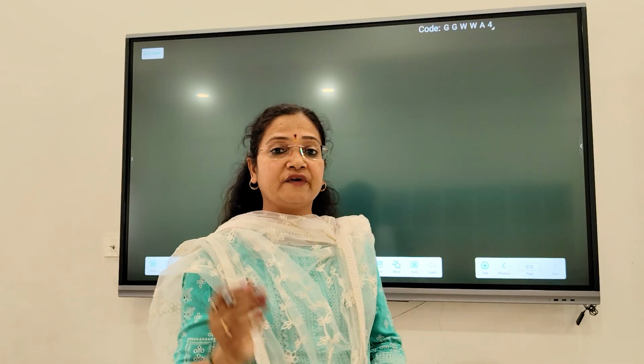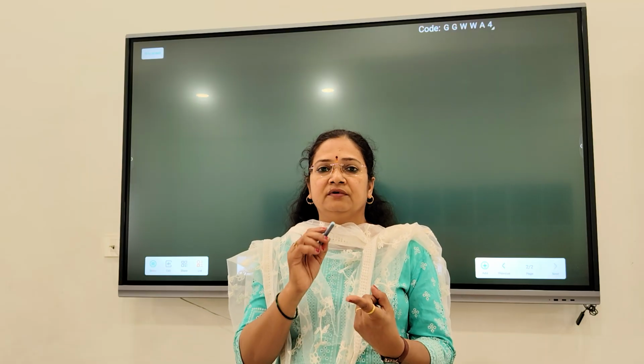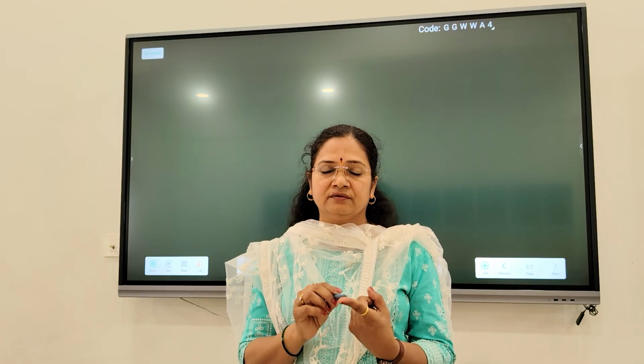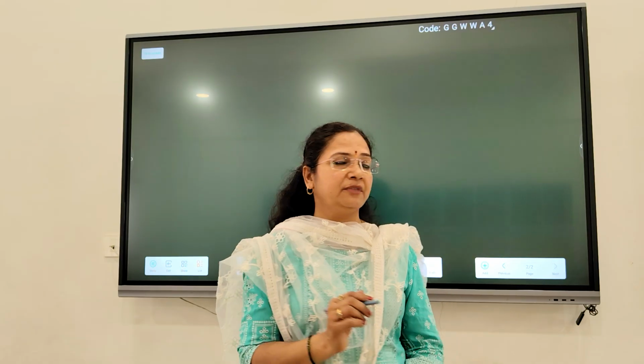As we have seen in square numbers, what is on the unit place? If on the unit place there is 1, 4, 9, 6 and 0, that is a square number.